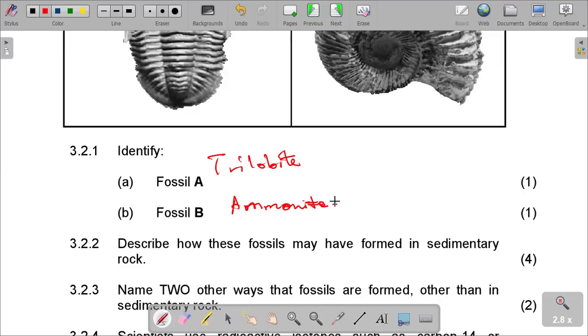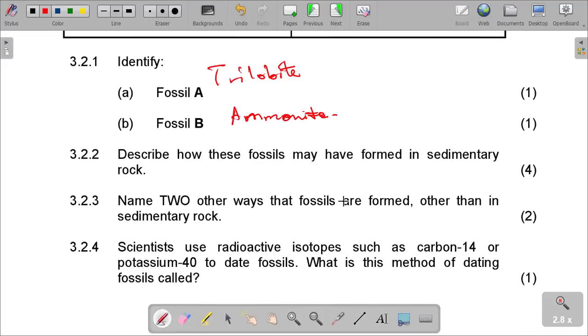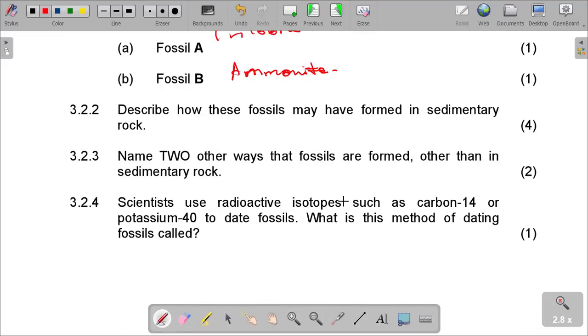The next question is saying, describe how these fossils may have formed in sedimentary rocks.